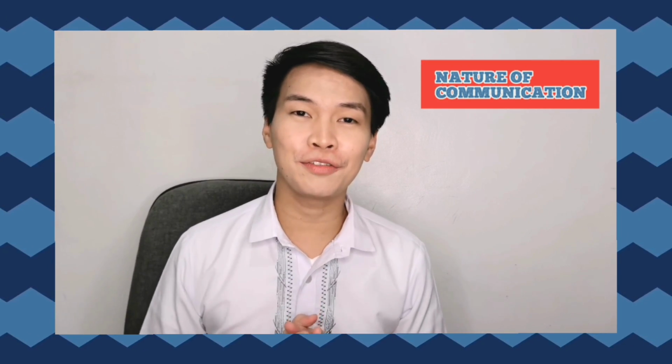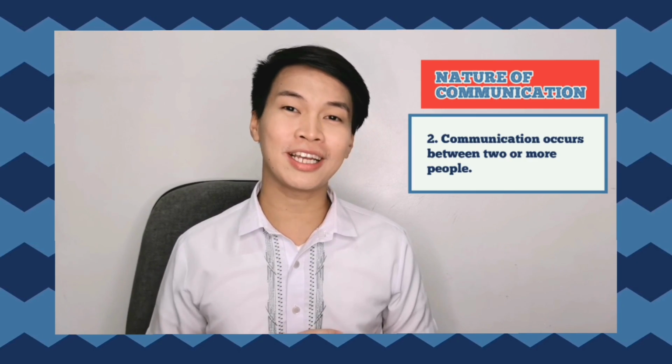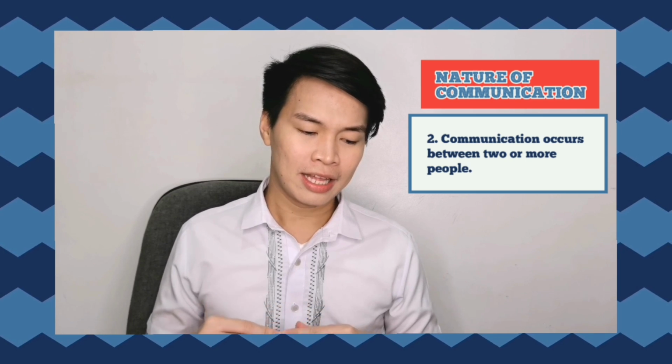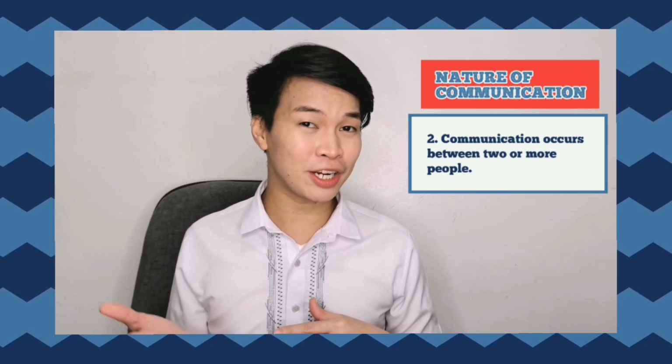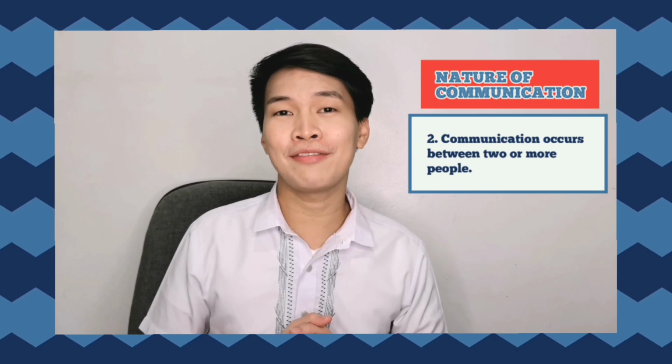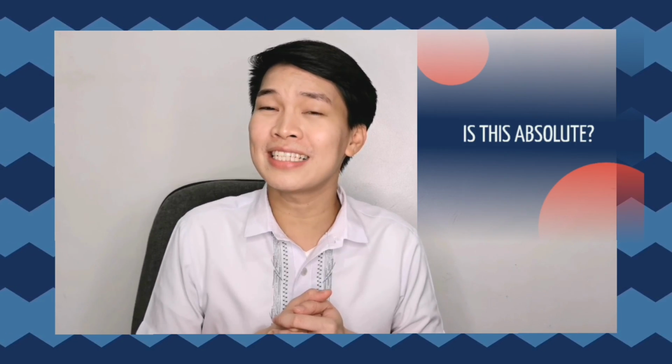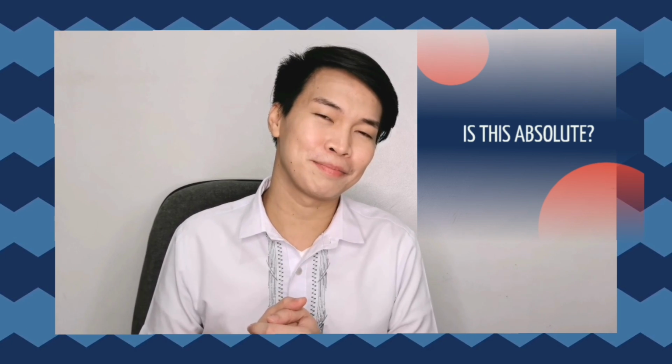All right, so let's go to the second one. The second nature of communication that is in your textbook is communication occurs between two or more people, the sender and the receiver. Now, question, class, is this absolute? Is this applicable all the time?